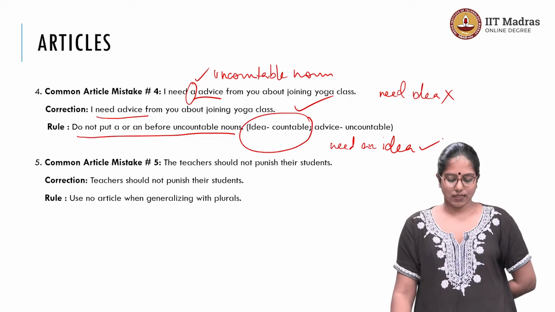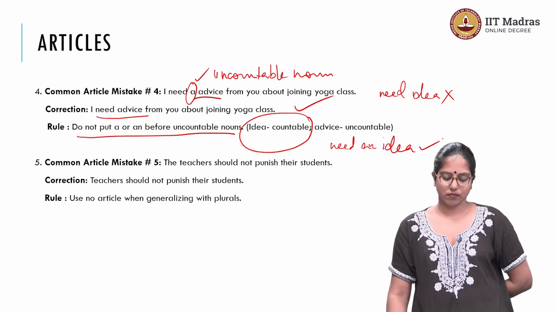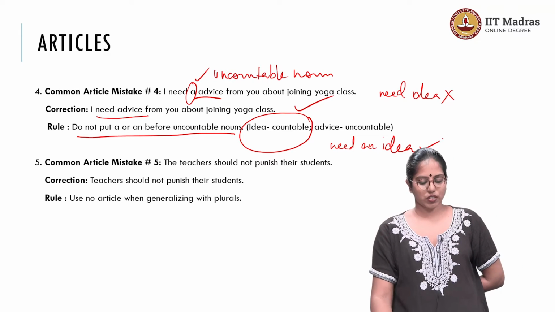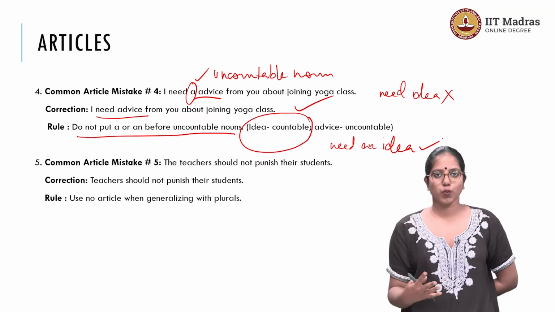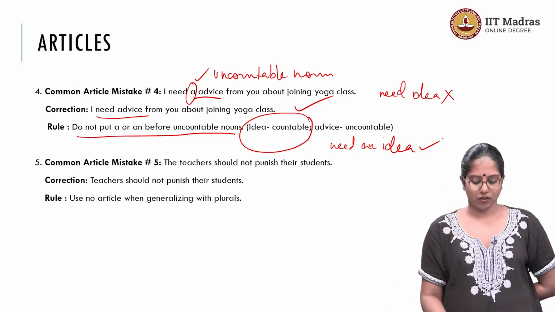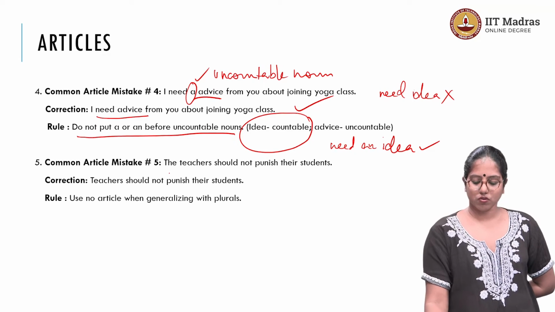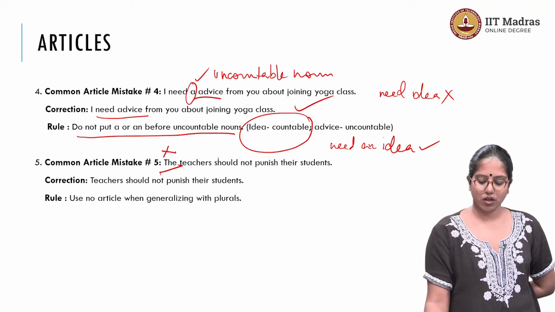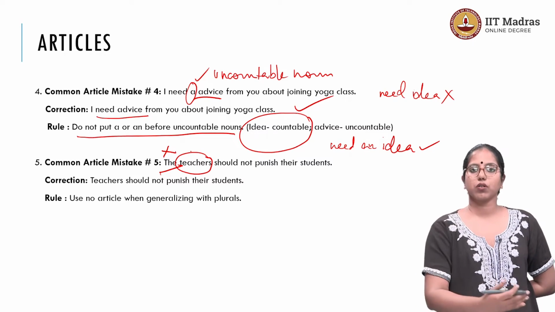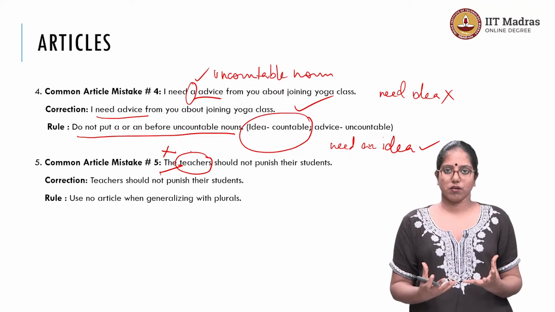The next sentence is, the teachers should not punish their students. And what's the right sentence? Teachers should not punish their students. So when you generalize plurals, make sure that you use no article. You are talking about teachers as a collective union.